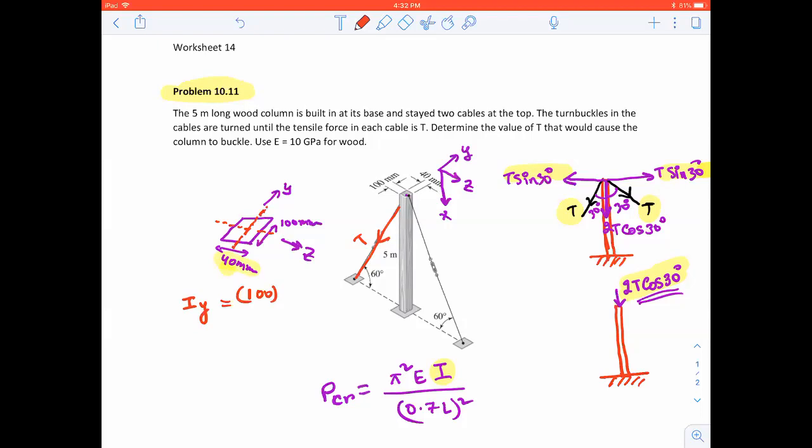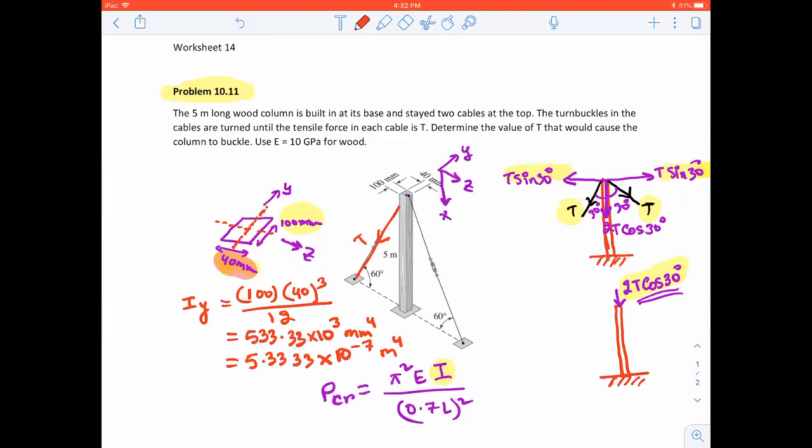So B H cube over 12 is 40 cube divided by 12, which gives around 533.33 times 10 to the power 3 millimeter to the power 4. In meters to the power 4, it is 5.3333 times 10 to the power negative 7 meter to the power 4.